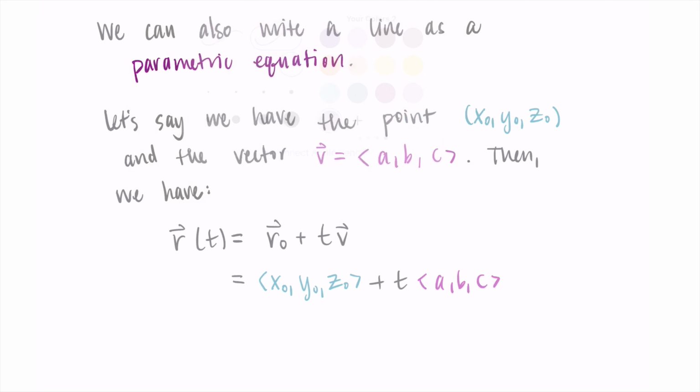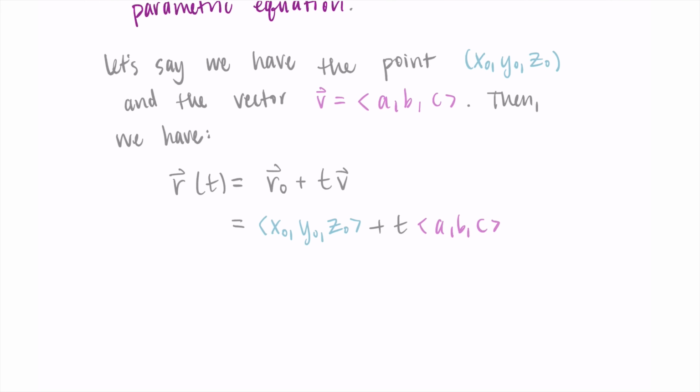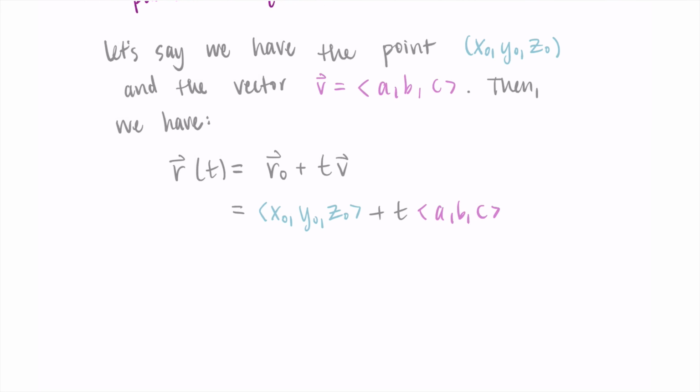Now I'm going to do some vector operations to put this all together into one vector. So I have x naught, y naught, z naught, being added to, and I'm going to distribute that t into each component. So I have a times t, b times t, and c times t.